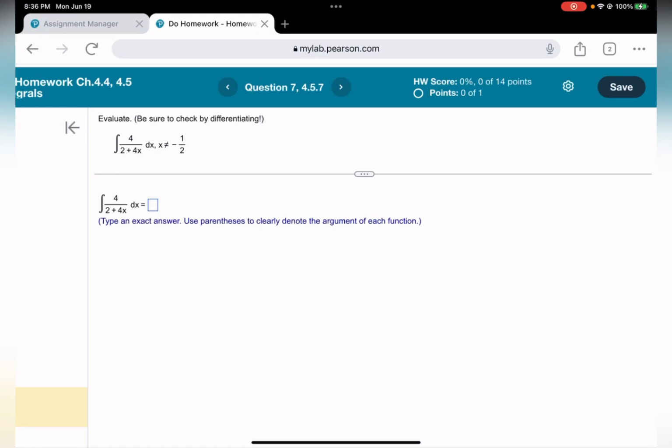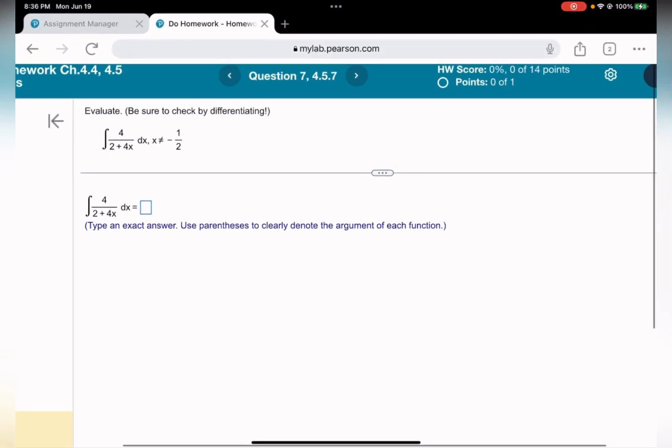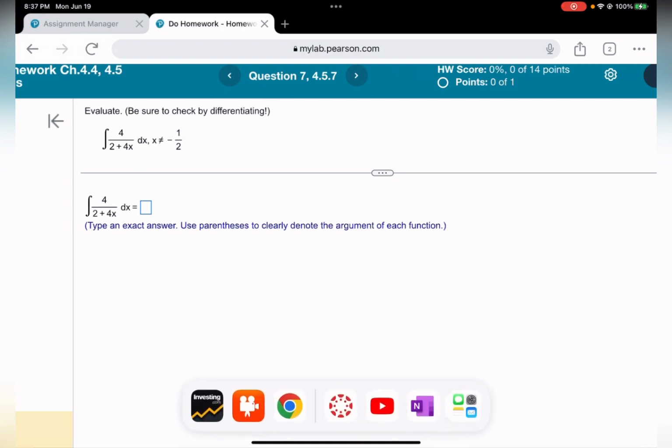Okay, we're going to solve question number 7. So what do we have here? We need to evaluate the integral of 4 over 2 plus 4x dx. Okay, let's do it.